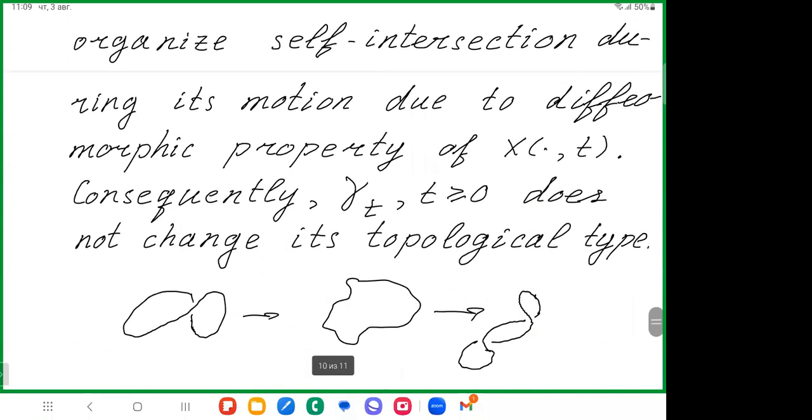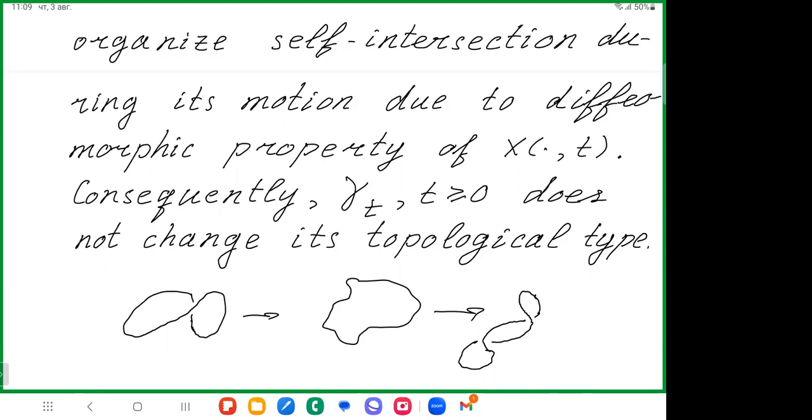Consequently, gamma t does not change its topological type. For example, if it is a knotted curve, then it remains a knotted curve. It can change its shape, but from the topological point of view it remains simple if it is unknotted.